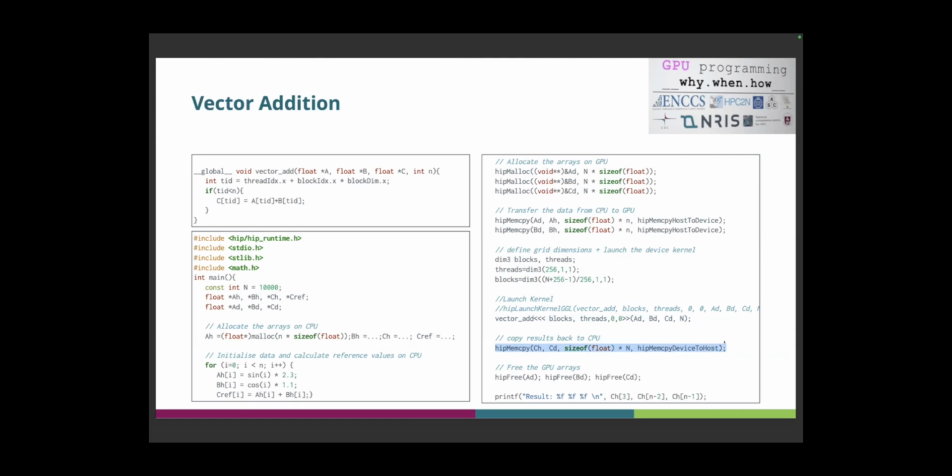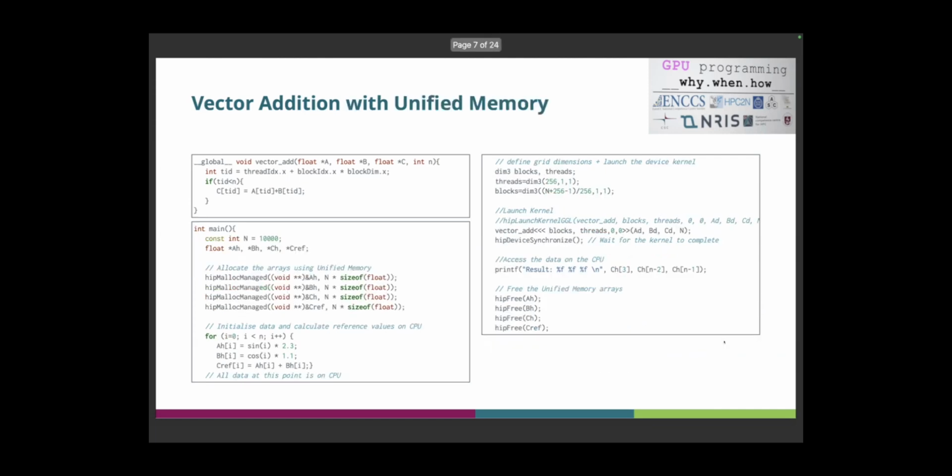So this was the older way to manage the memory. And there's an alternative to this, which makes writing the code a little bit easier. And in most cases, there's no penalty in the performance.